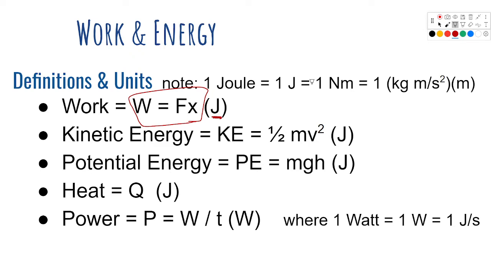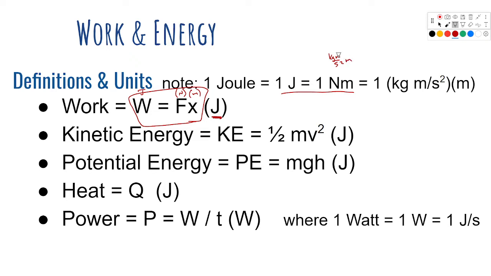Think about what's happening here. It says up top that 1 Newton meter is 1 joule. So you know how we measure force in newtons. We talked all about force last week. And you know that distance gets measured in meters. So multiply Newton times meters, you get this new unit called a joule. Now, if you boil that down, you remember that a Newton was really a kilogram meter per second squared. And here I'm multiplying one more meter.